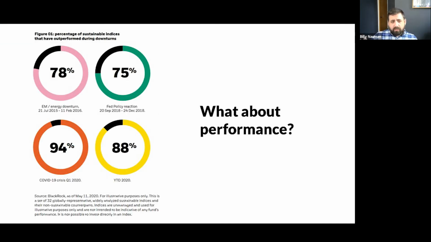But the perception that is holding this back is that ESG harms performance. I'm not a financial analyst, and there's a lot of debate about correlation, causation, and what the true driving factors are. But what we've seen, and this research came from BlackRock, is increasing evidence that ESG considerations are not detrimental to performance.